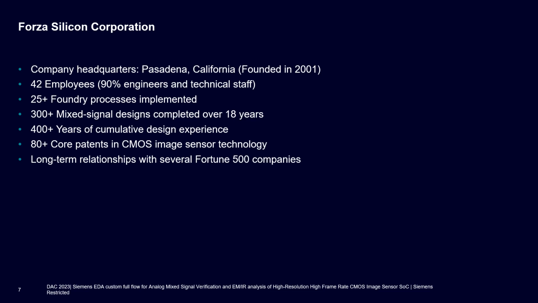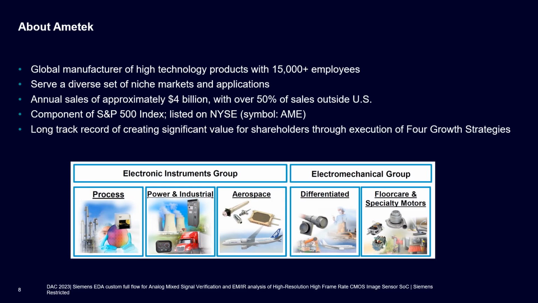Over the years, we have also developed more than 80 patents related to CMOS image sensors. In 2018, we got acquired by Amatec, a leading global manufacturer of high technology products for a diverse set of niche markets. Amatec has more than 15,000 employees with support locations in 30 countries around the world with an annual sales of more than $4 billion.